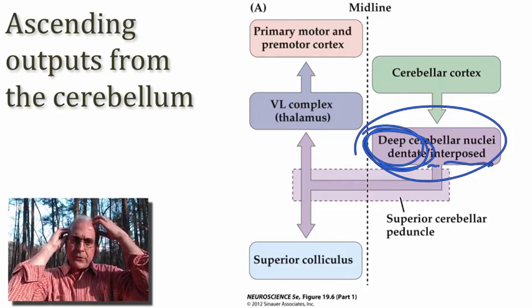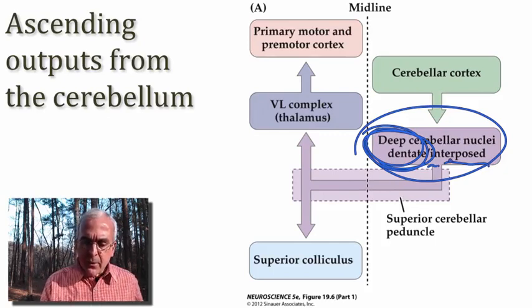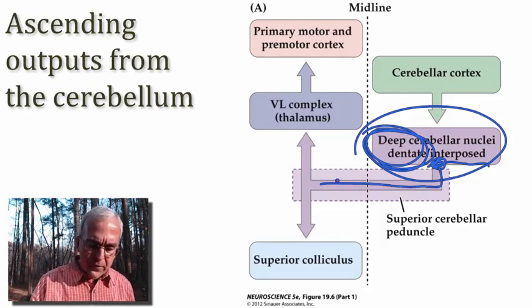So for the outputs of the cerebellum to impact these upper motor circuits, there needs to be a crossing of the midline, a decussation. And here's how it happens. The deep cerebellar nuclei in question, namely the dentate nucleus, grows an axon that exits the cerebellum through the superior cerebellar peduncle.